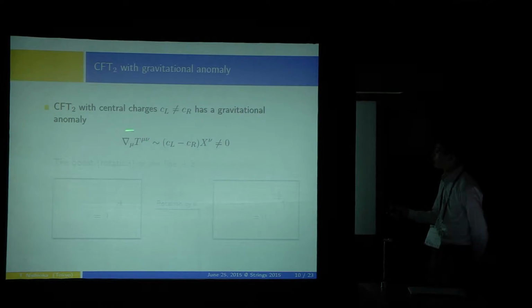It breaks diffeomorphism invariance, so the stress energy tensor is no longer conserved if you have gravitational anomalies, and this is proportional to the difference of the central charges, like this.